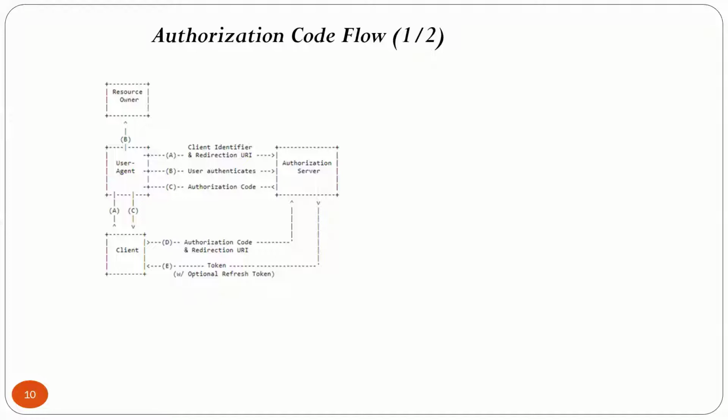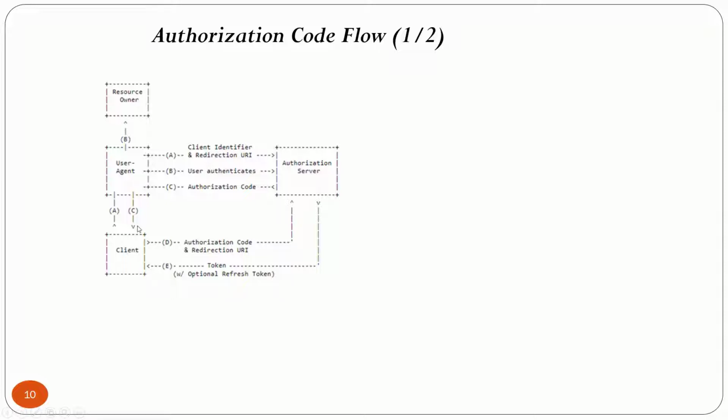As you can see in the diagram, we have different actors in this game. We have the resource owner, that is typically the end user. We have the client, that is the application that can make requests on behalf of the resource owner after they gave consent to access a particular resource.